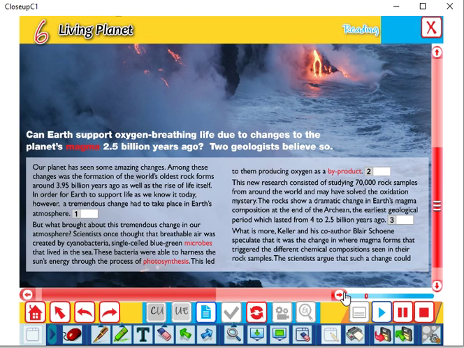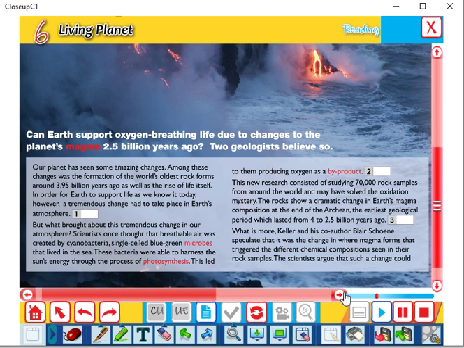Scientists once thought that breathable air was created by cyanobacteria, single-celled blue-green microbes that live in the sea. These bacteria were able to harness the sun's energy through the process of photosynthesis. This led to them producing oxygen as a byproduct.